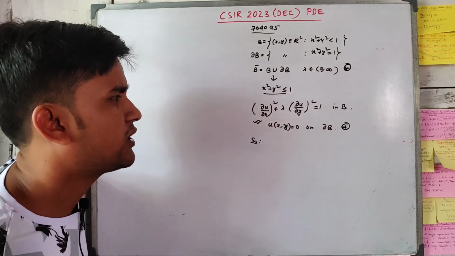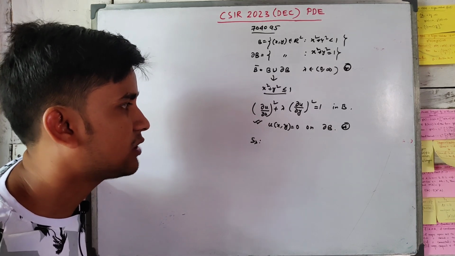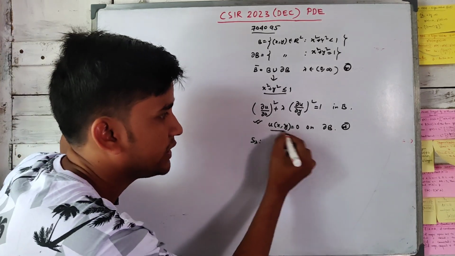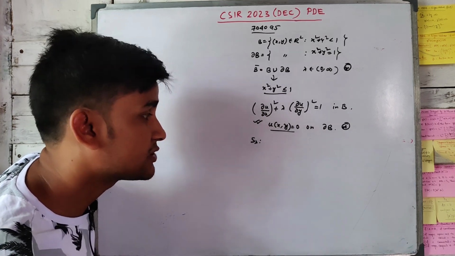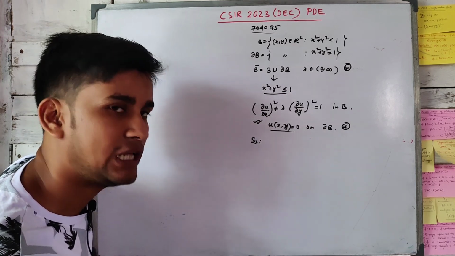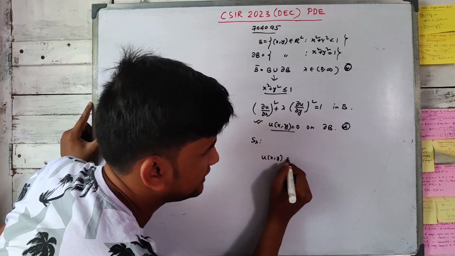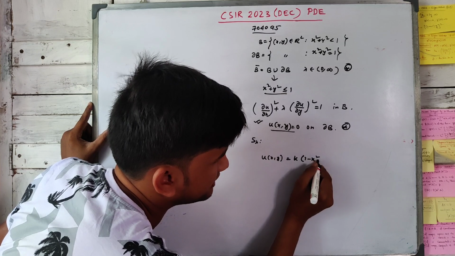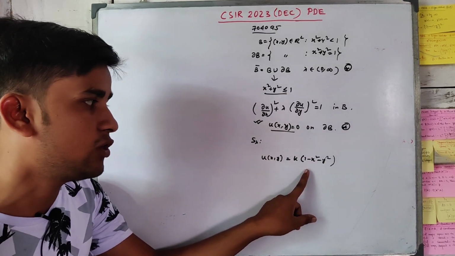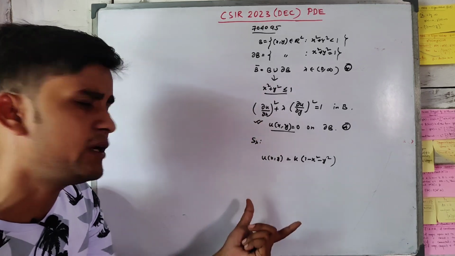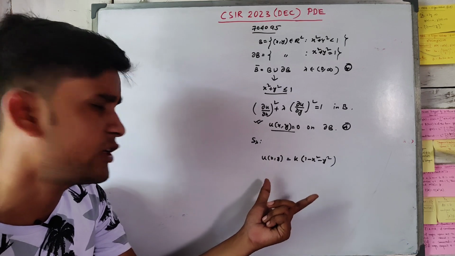This is not the general type of problem in any standard PDE form. Then how can you solve the problem? See, u equals 0 on delta B; these lines lead us to seek the solution in the form u equals k into (1 minus x square minus y square). These types of specific problems we solved previously, I think in the 2014 or 15 paper.